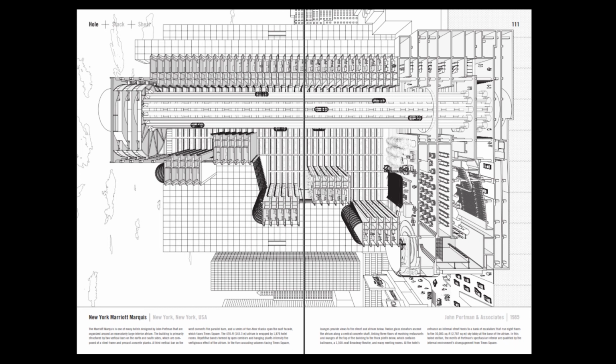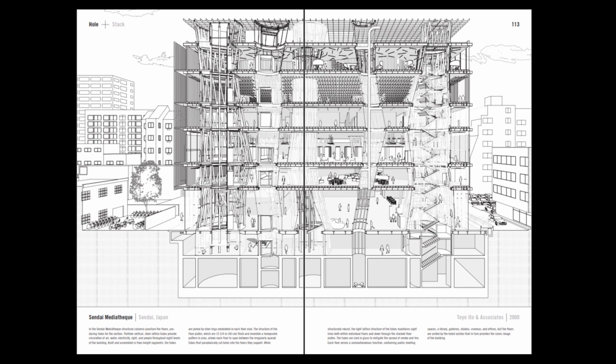Now I am double sure it was made in Revit, but the effort is just too much. It's too good, I would say. Sendai Mediatheque. Okay. So I really like the structural columns here. These are really nice. Love the vertical circulation here, the stairs.